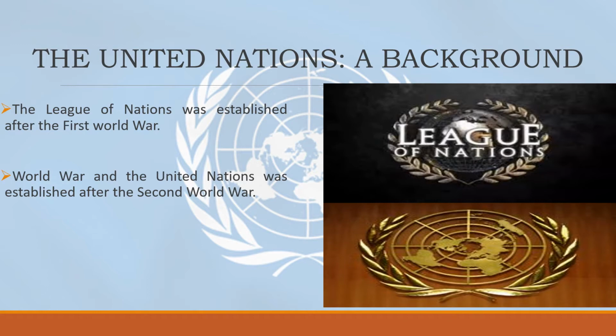The United Nations was established after the Second World War to instill this understanding among all nations. So children, let us start with the chronology of the establishment of the United Nations.